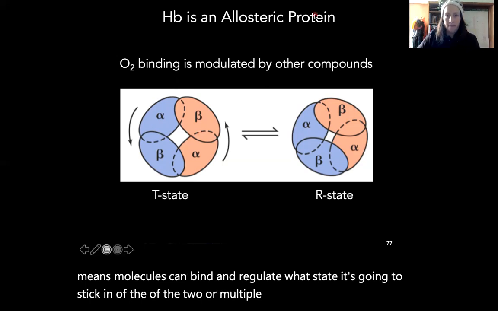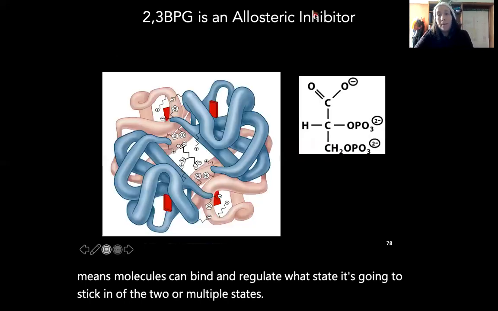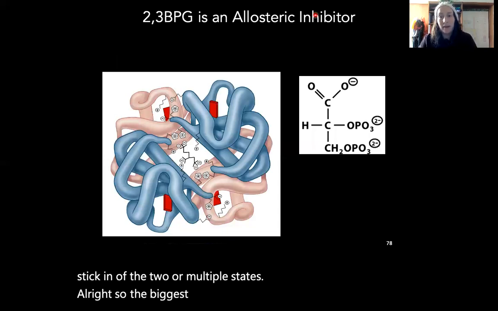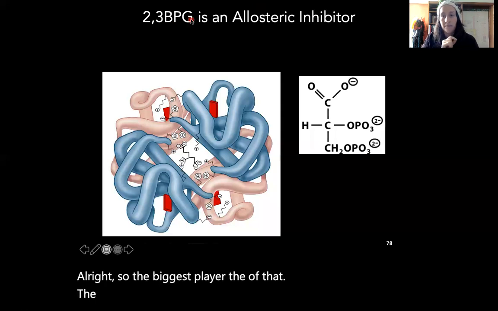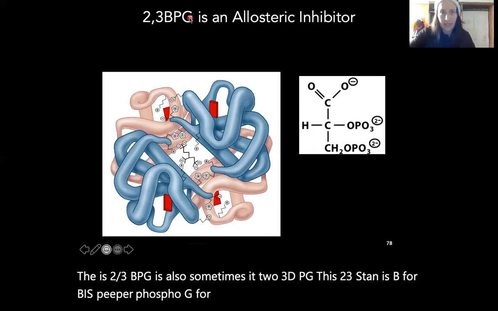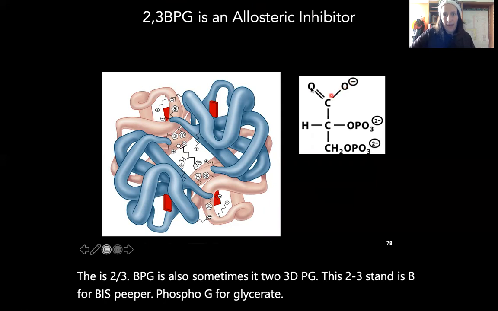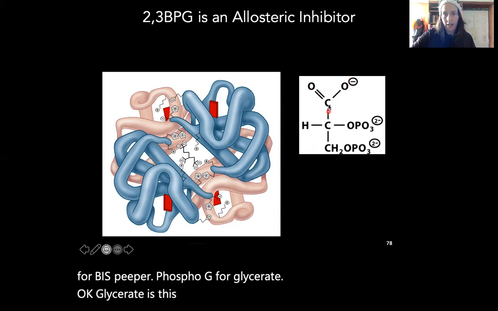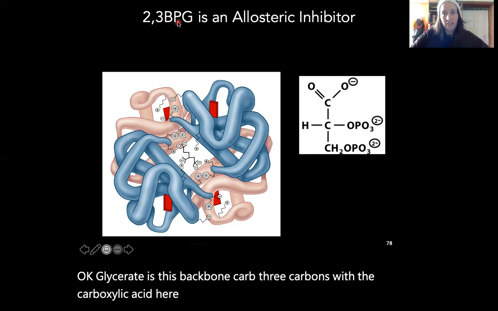Okay. All right, so the biggest player of that is 2,3-BPG. It's also sometimes said 2,3-DPG. This 2,3 is B for bis, P for phospho, G for glycerate. Glycerate is this backbone of 3 carbons with the carboxylic acid here. 2 and 3 bis phospho.